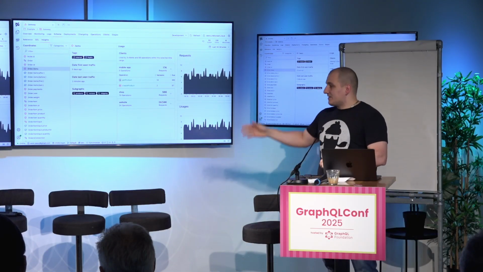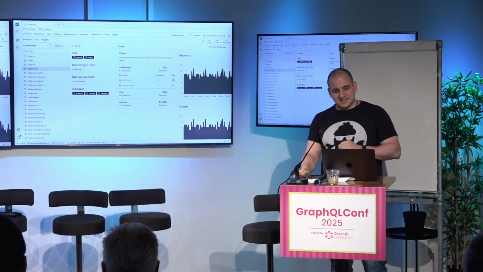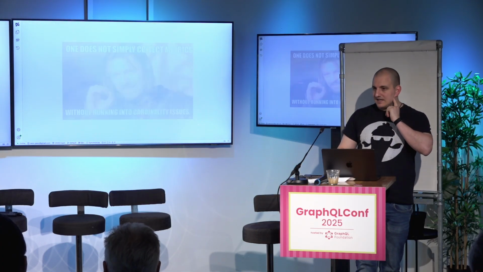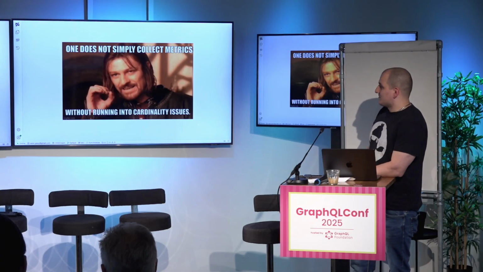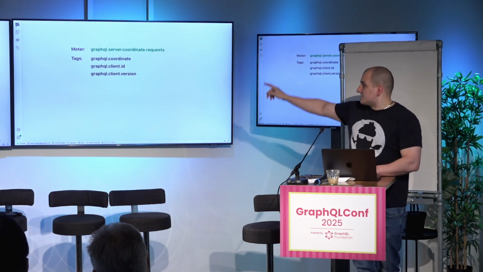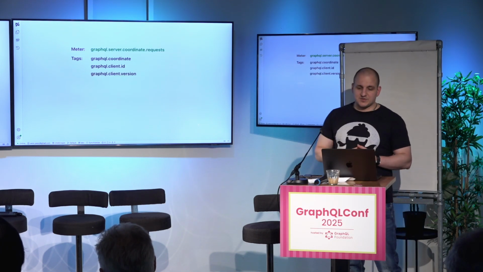And naturally, when you look at this, it's like OpenTelemetry meters, problem solved. But there's a problem with this. And it's meme time. So one does not simply collect metrics without running into cardinality issues. What does this mean? A meter, which is what you see on top, GraphQL server coordinate requests, can also define attributes.